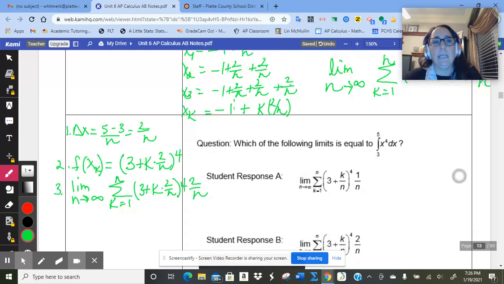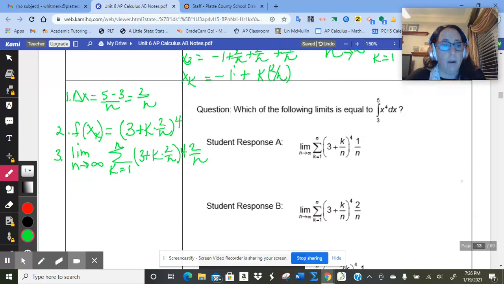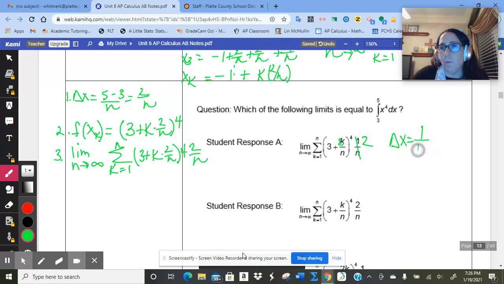So let's look and see at some of the things that went wrong. Here, I can see, oh no, this should be 2 over n for sure. So automatically, I know that this guy did bad. And it looks like he also forgot the 2 here for the 2 over n. So he said that the delta x was 1 over n.